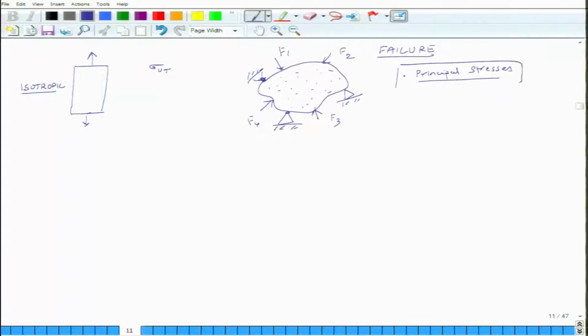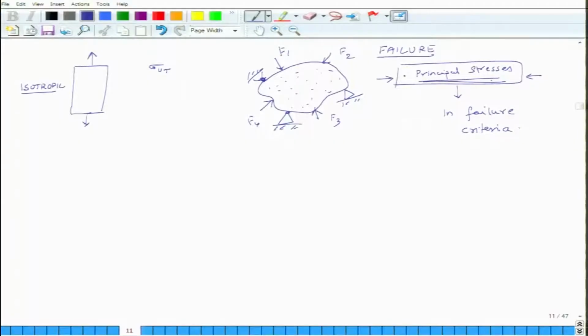But the first step in understanding whether the structure is going to fail or not is you figure out what is the principal stress at every point in the system, and then you use this information in failure criteria to see whether it is failing or not, and at every point you see whether there is a margin of safety or not. This is the overall way we figure out whether an isotropic structure is going to fail or not.